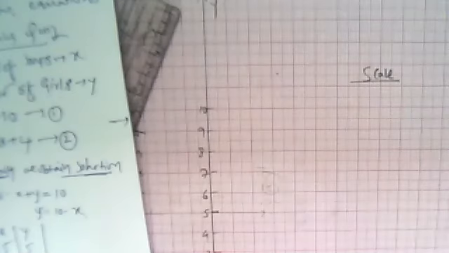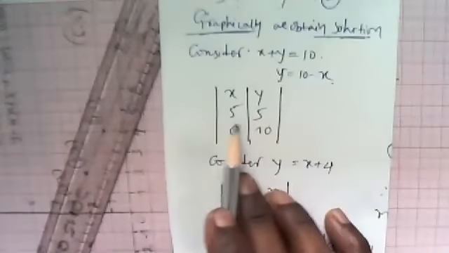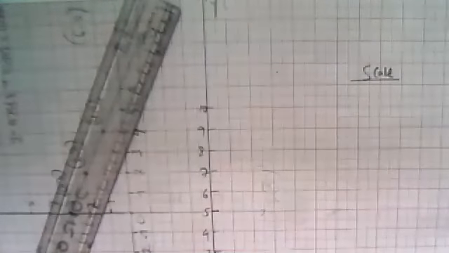Therefore, this is the plus y axis. This is y. You can write the scale: on the x-axis, 1 unit is equal to 1 centimeter. What is the first point? It is 5 comma 5. X is equal to 5, y is equal to 5 means this is the point.